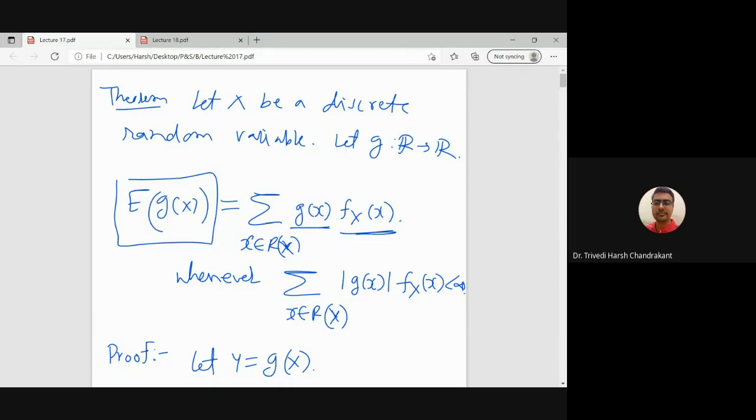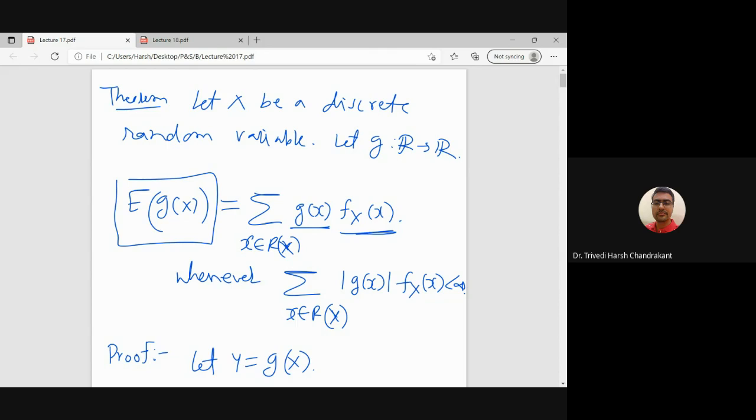In the last class, essentially, we discussed the mean of the new random variable g of x, where g is the given function and x is the given random variable. So we discussed the expectation of g of x, and whenever the g of x function takes negative values, we need to check the absolute convergence for the existence of the expectation.